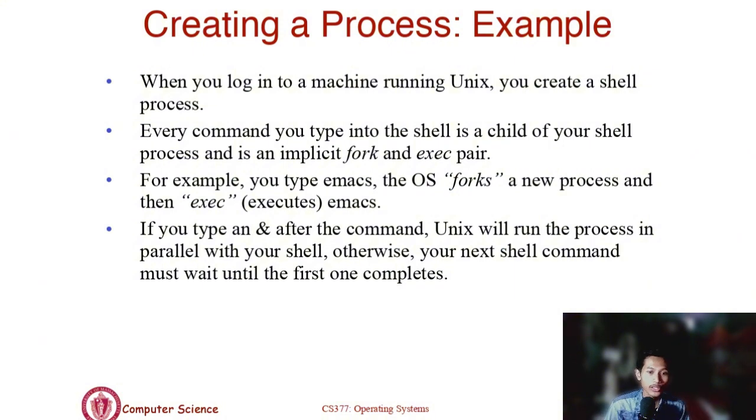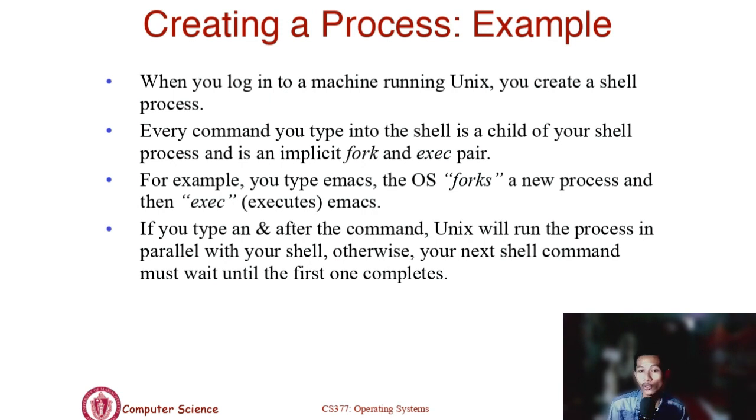So for instance, when you type Emacs into the shell, the operating system forks a new process, creating a child of your shell, and then executes Emacs within this new process. So if you add an ampersand after a command, Unix executes the process in parallel with your shell.